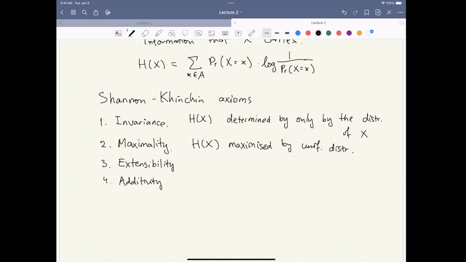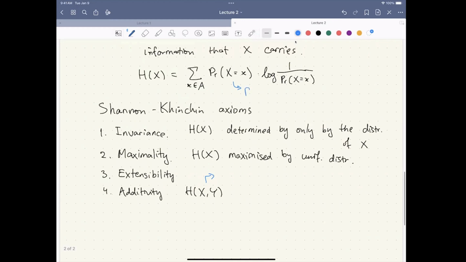Additivity says, well, if we have this, let's recall what this is. If I write the probability that X takes value x as p(x), then it's basically the same definition.